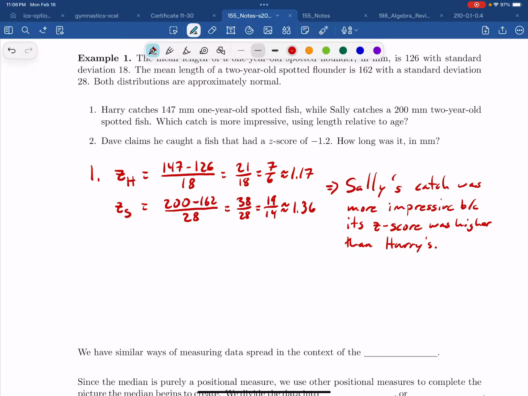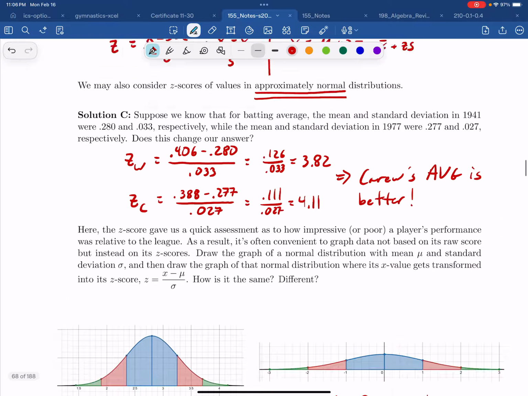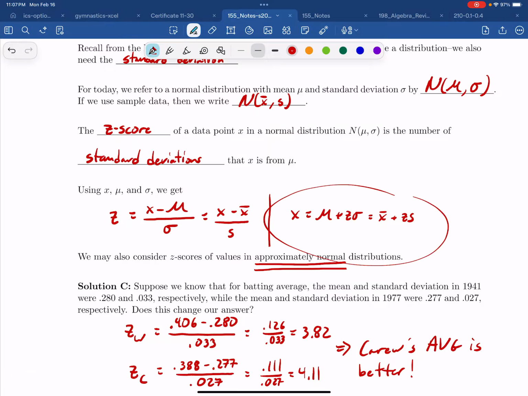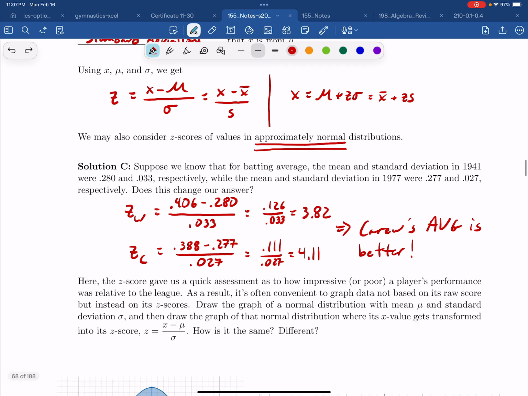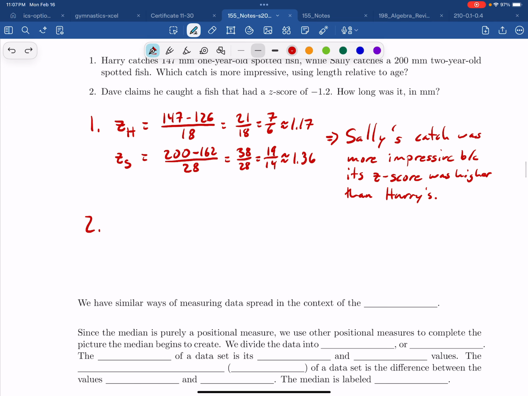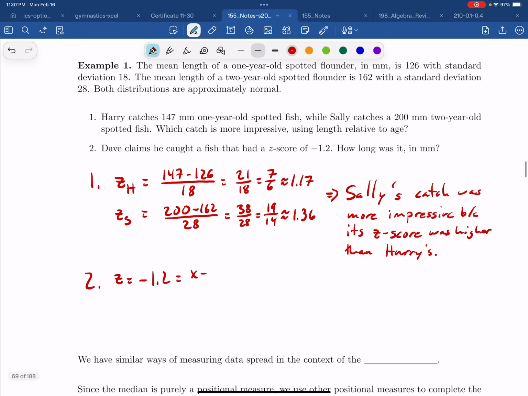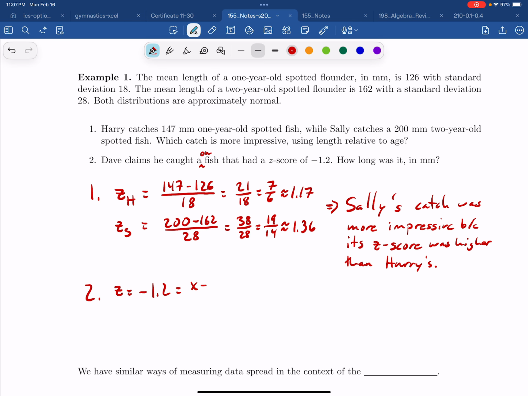Now, let's see. Dave, on the other hand, maybe Dave's just starting out or had a bad day or whatever. He claims he caught a fish that had a z-score of negative 1.2. So how long was that? Well, you could go ahead and use this formula that I said, or you could be like me and you just never remember it, but you always remember the z formula. So we know that z equals negative 1.2, which equals X minus the mean, divided by the standard deviation. I didn't even say what kind of fish it was. Suppose it was a 1-year-old.